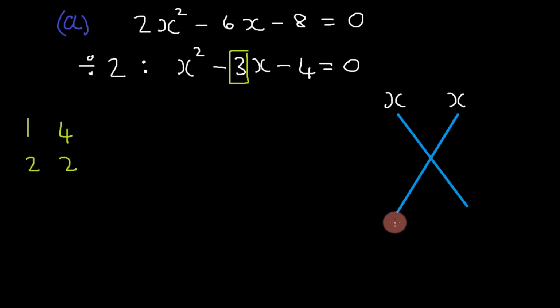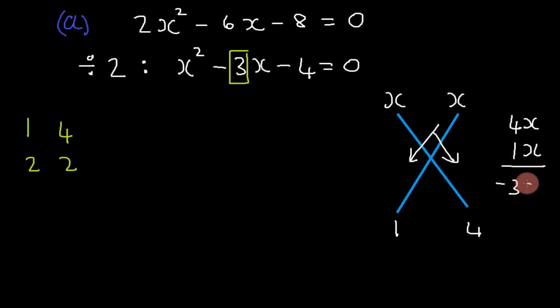So these will go at the bottom of the cross, 1 and 4. We cross multiply. X times 4 is 4x. And x times 1 is 1x. We need a middle term of negative 3x.